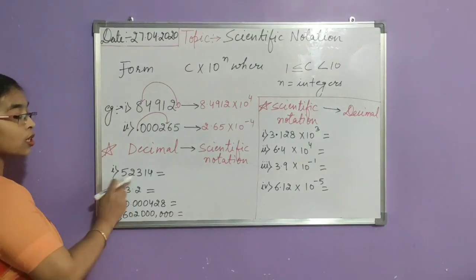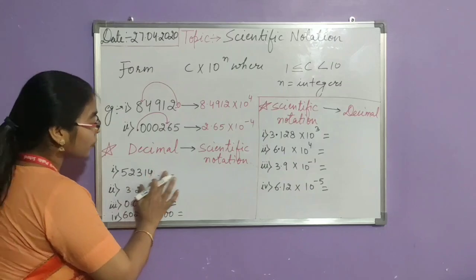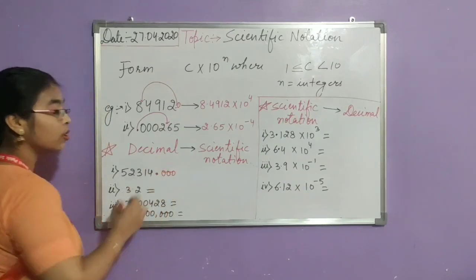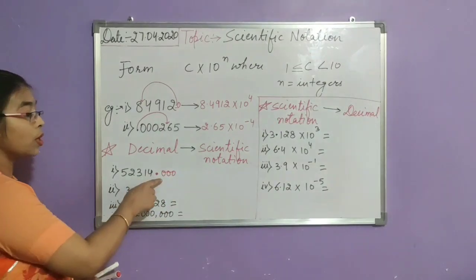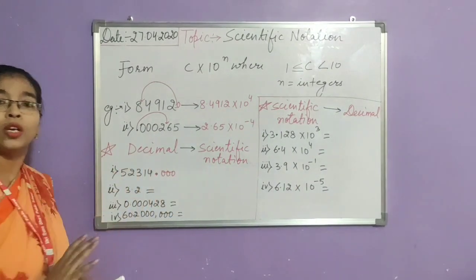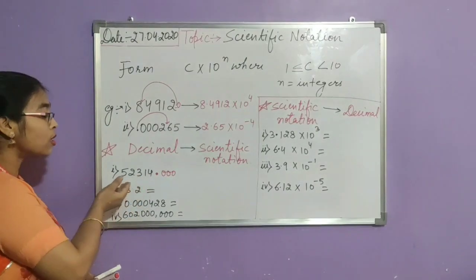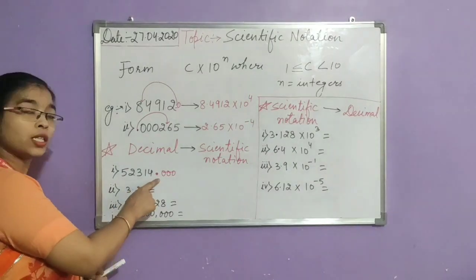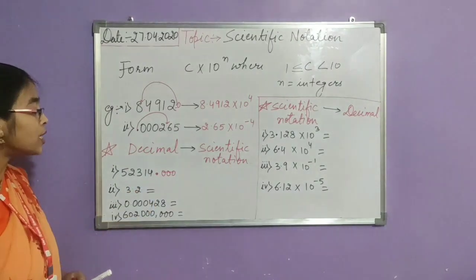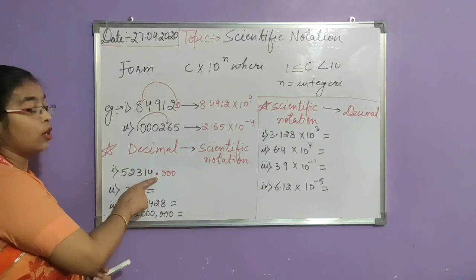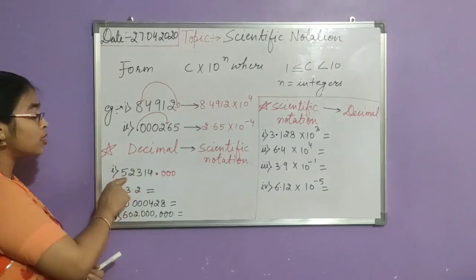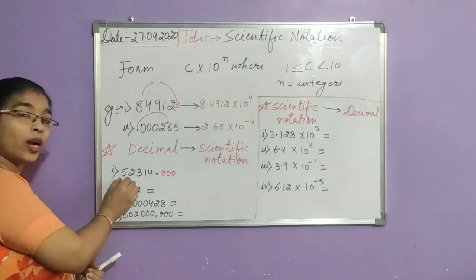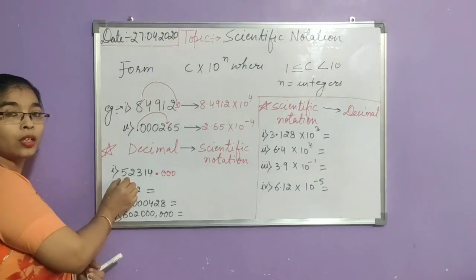Now, this is the number. It means here is the decimal. We can write this number this way also, because after the decimal there is no use of 0. There is no change in the number if we put the decimal here. Now, as we know, we have to move this decimal point here, so that before the decimal point 1 digit should be there.